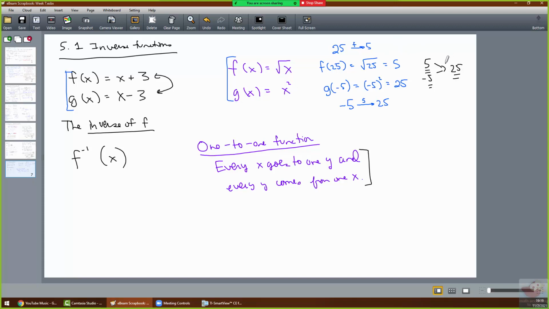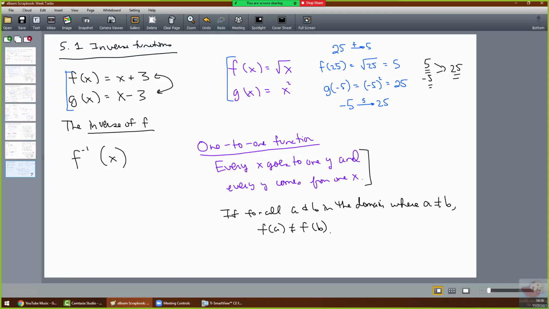Mathematically, the way we define a one-to-one function is if for all a and b in the domain where a does not equal b, f of a does not equal f of b. It's very notational.